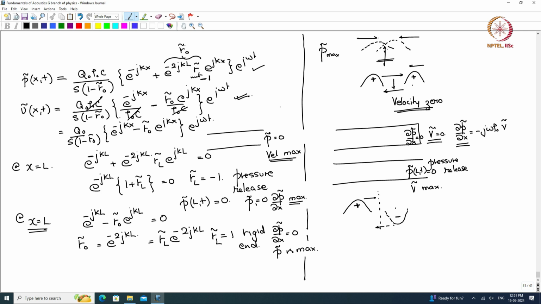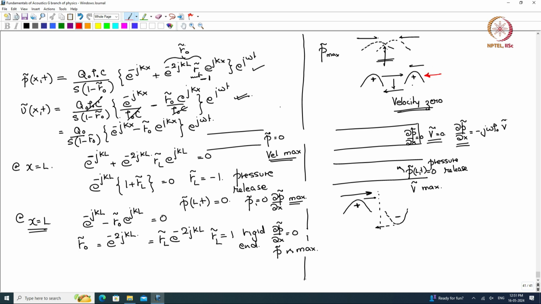This pressure is below gauge, below atmospheric pressure. That is how you get pressure 0. Now this has a particle velocity towards the right, and this has a particle velocity to the left, being compressive.